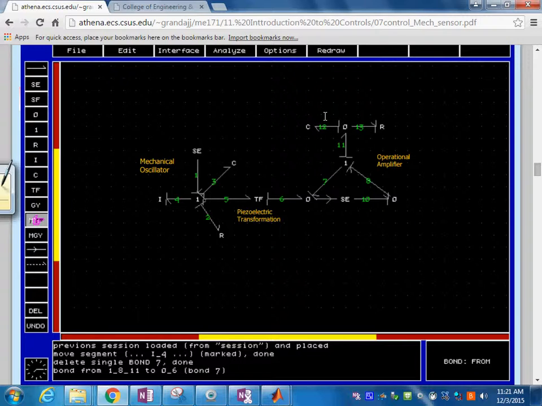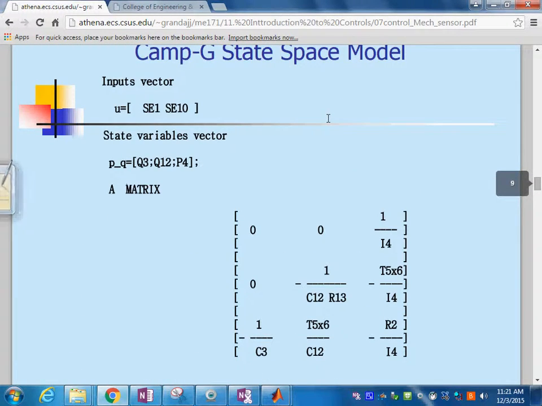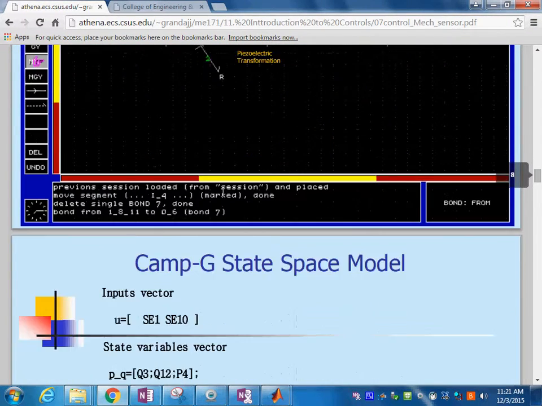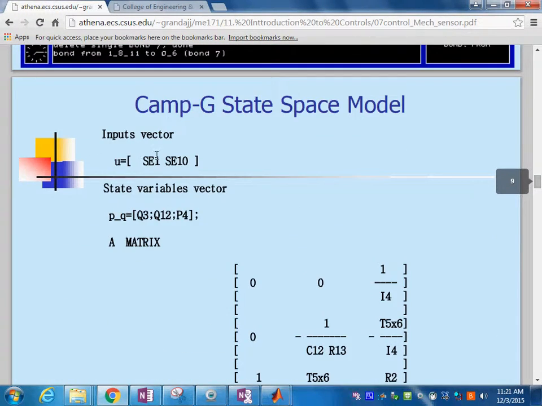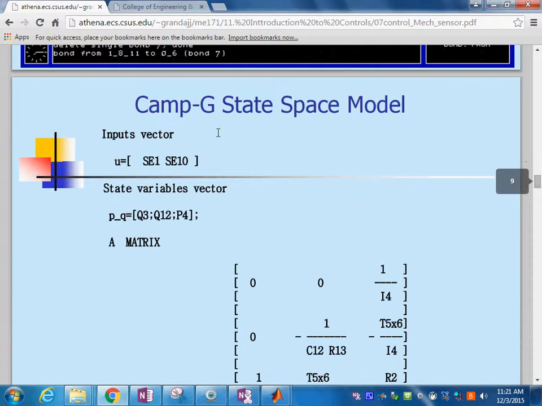Okay? And so if you put this into CAMG, you're going to get this output. We have two sources, this one and this one, but this one is just to represent the operational amplifier.